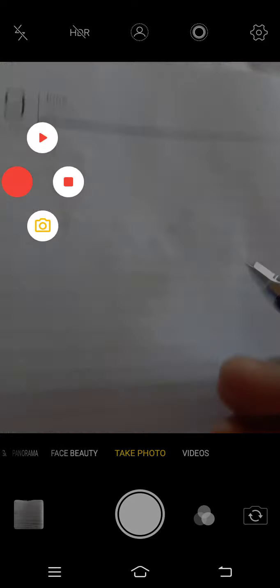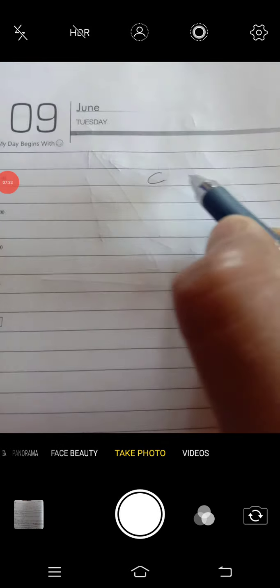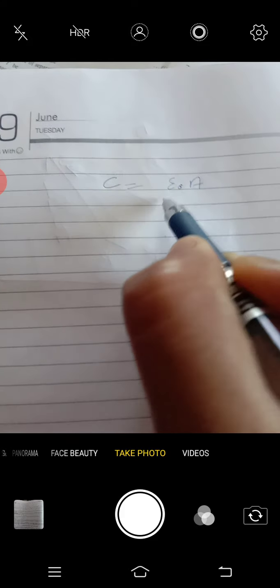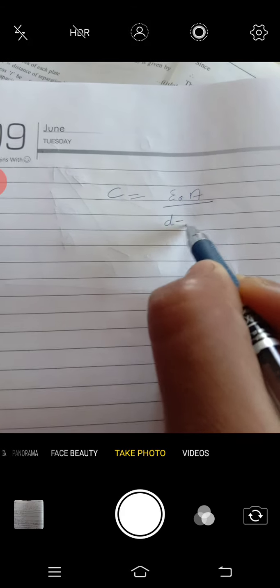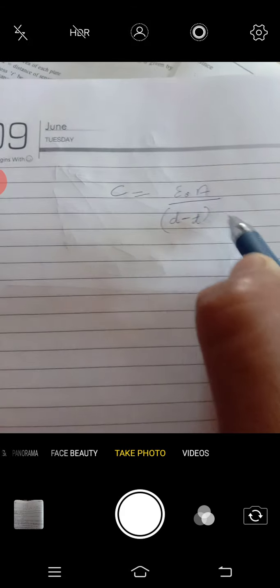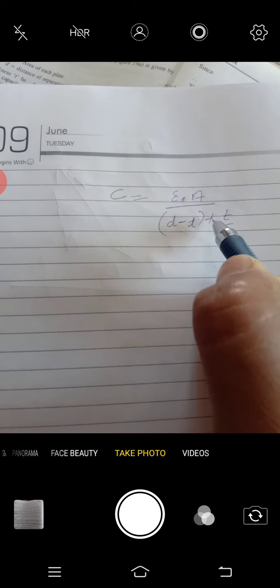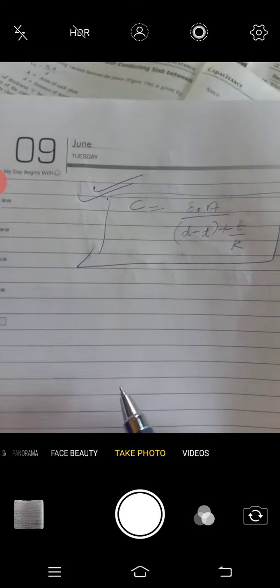You can check here that we have written that C is equal to epsilon naught A upon (D minus T plus T upon K). This is the value of C. So no need to solve after this. You can keep up to here also.